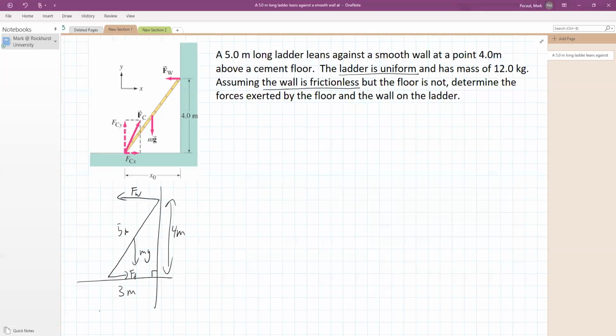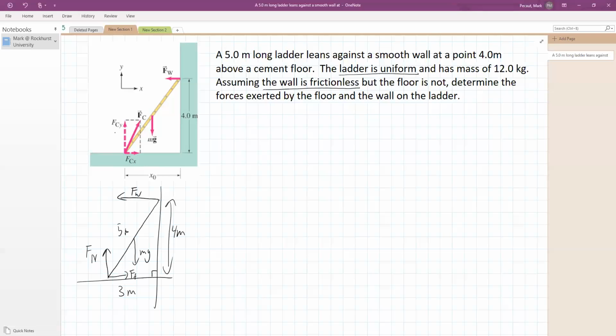And there's also, of course, going to be a normal force from the floor on the ladder. Now they have drawn this as just a force at point C, and they've decomposed it into X and Y components. But I'm going to just call them normal and friction, because I think that connects better with what we learned before.